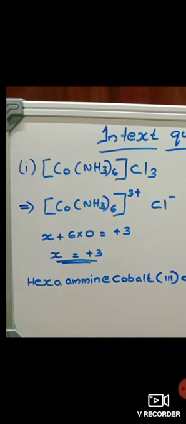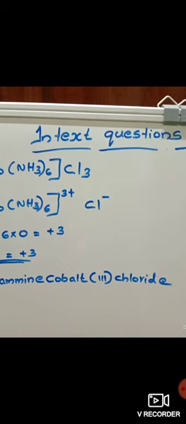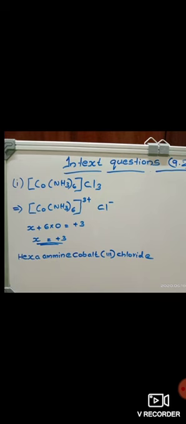X plus 6 into 0 is equal to +3. X is equal to +3. By using this, we can name the coordination compound: hexaamminecobalt(III) chloride.